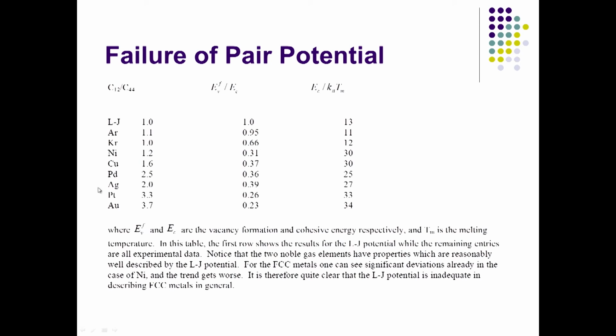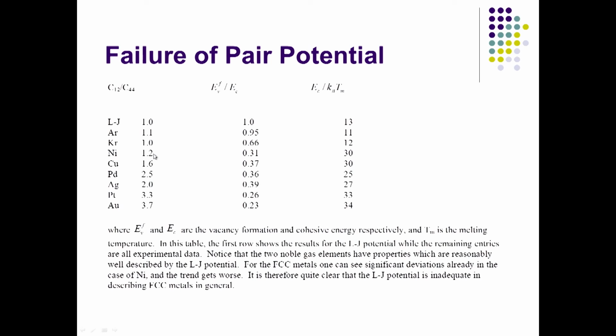So, now if you look at argon, C 1 2 over C 4 4 is 1.0, and the Lennard-Jones function for argon gives 1.1. If you do the real calculation of the energies, 0.95. So, for argon, the Lennard-Jones function works, no issues, no problems, because C 1 2 is equal to C 4 4, because the ratio is 1.0.